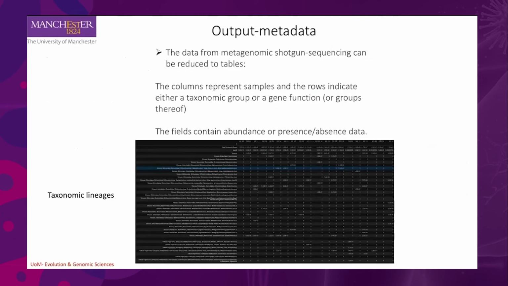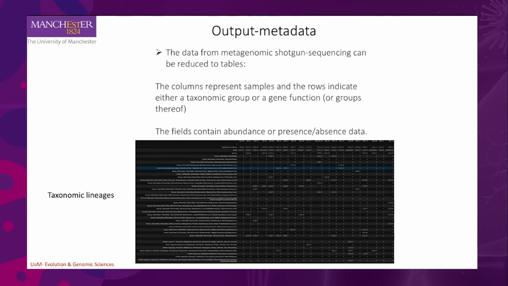So how does the microbiome data actually look? The output metadata can basically be reduced to tables. And this is an example of such a table. The columns represent samples, and the rows indicate either a taxonomic group or a gene function, in cases where we do metatranscriptomics.